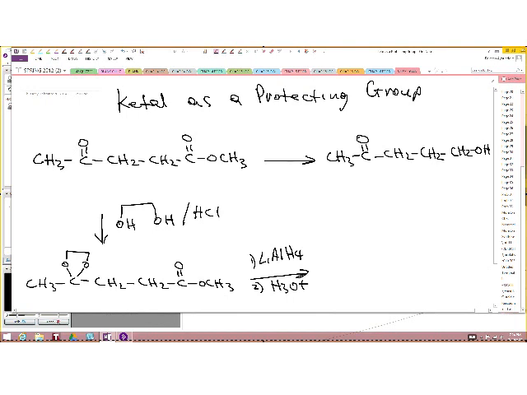Because once you add the dilute acid, the ketal is unstable, it goes back to the ketone. Okay, so we therefore use the ketal as a protecting group in chemical synthesis.